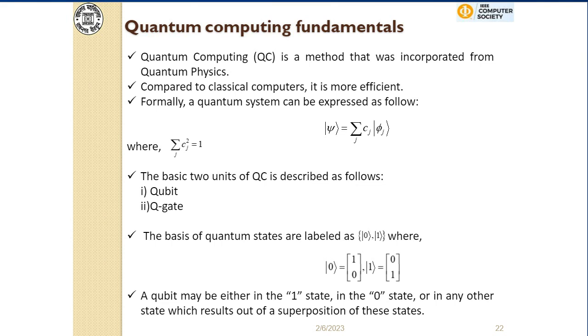In a 2-state system, a wave function can be represented as a combination of |0⟩ and |1⟩, for example alpha |0⟩ plus beta |1⟩, where alpha and beta are complex coefficients, ensuring that alpha squared plus beta squared equals 1. Because alpha and beta are probability amplitudes, and the sum of the probabilities of any particular event is always going to be 1. So we have to ensure that alpha squared plus beta squared is equal to 1, which is referred to as quantum normalization. We'll be using that in our problem.